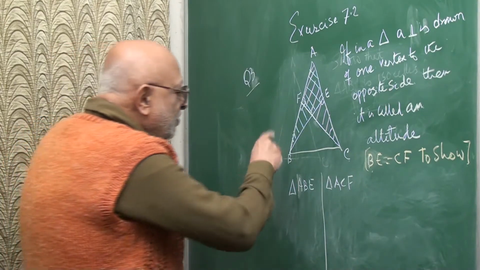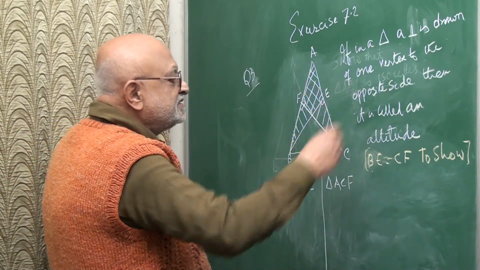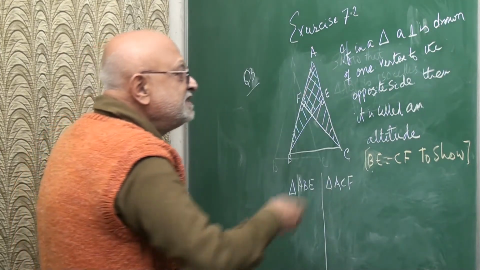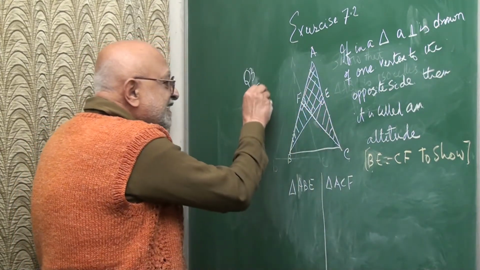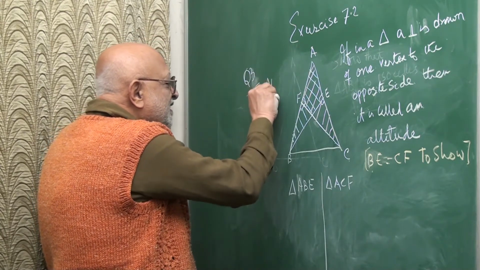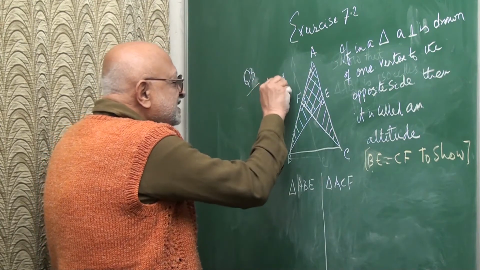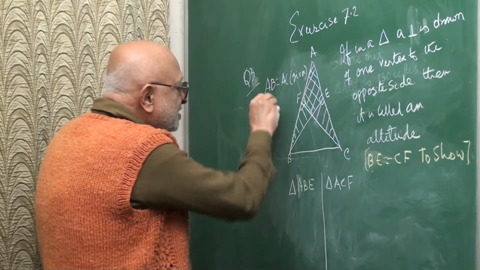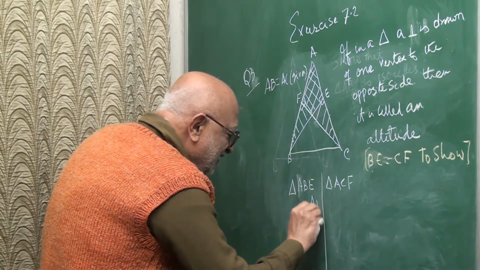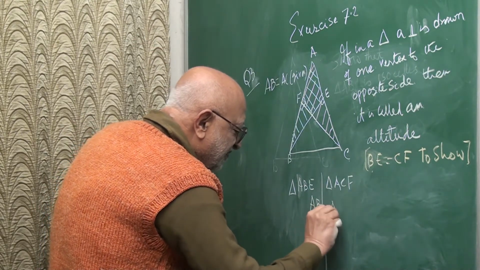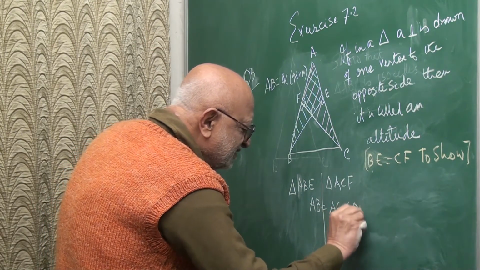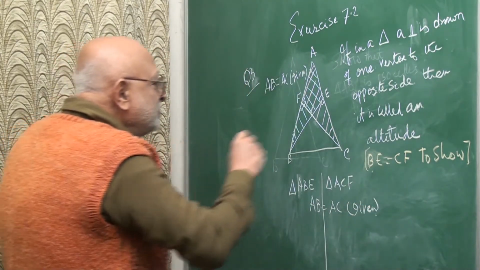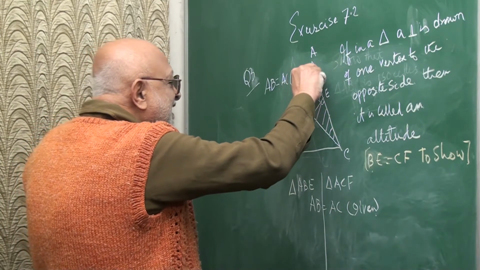First of all, it is given that it is an isosceles triangle. That means it is also given AB equal to AC. So I'll write it here: AB equal to AC, this is given. You can also see that angle A is common.